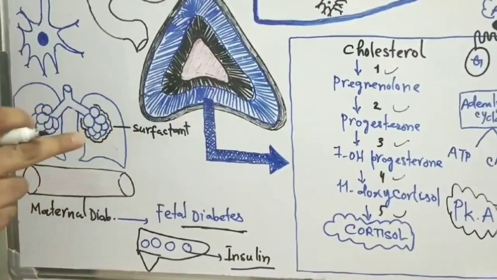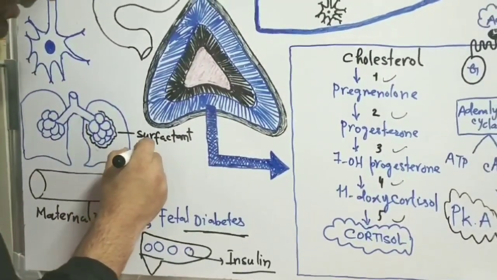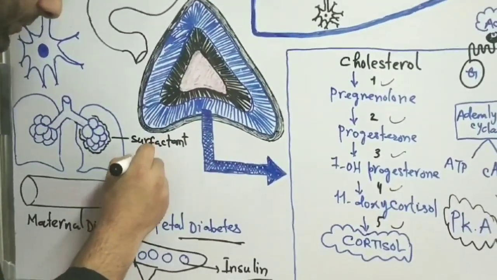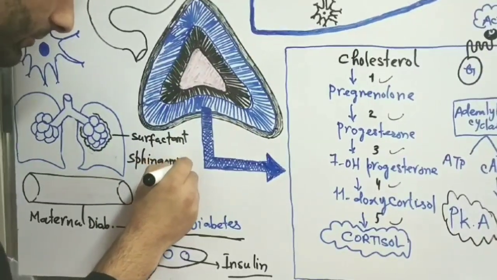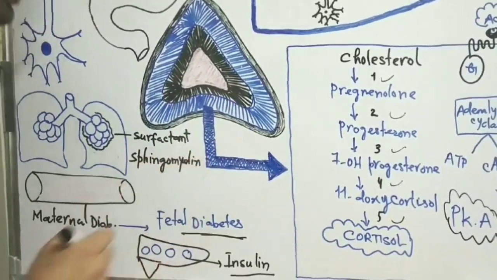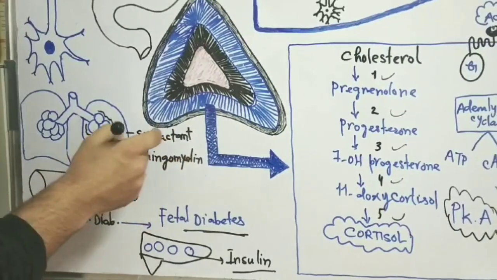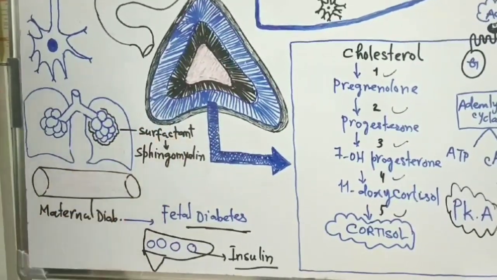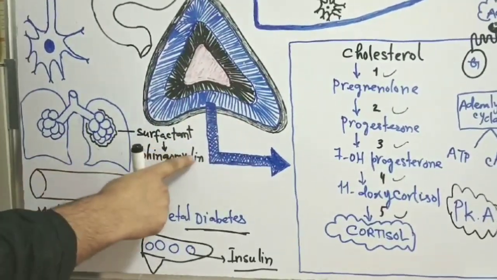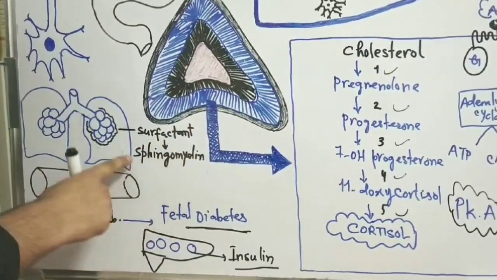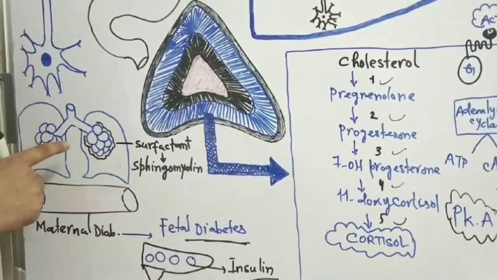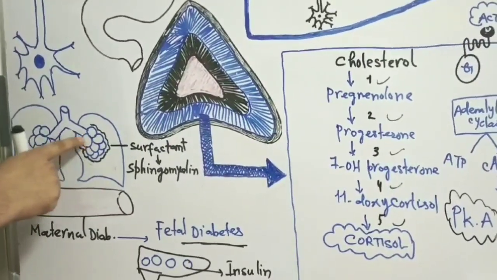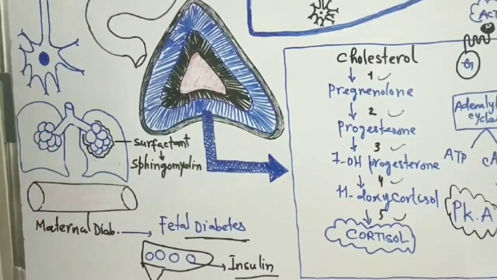There is one lipid which is known as sphingomyelin. This sphingomyelin is the part of the surfactant. If there is any absence of this sphingomyelin, the lungs will be immature, or we can say these alveoli will not be functional.